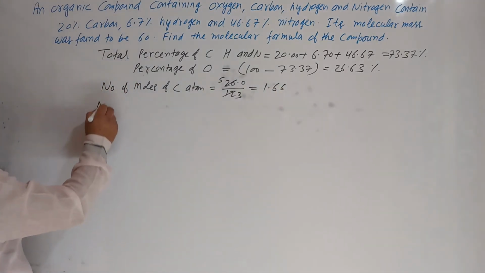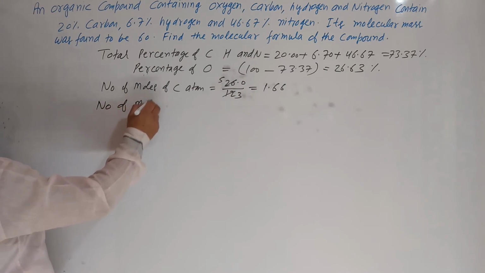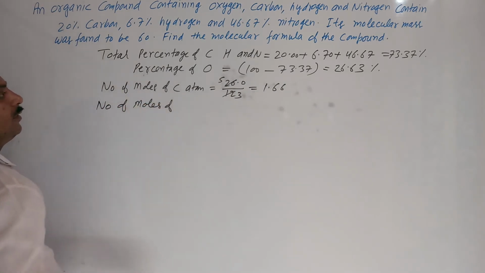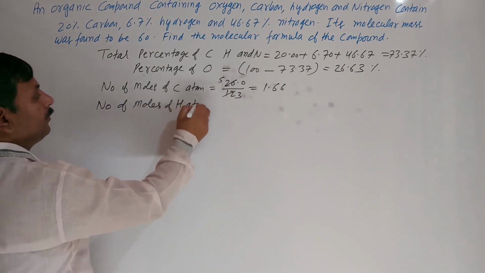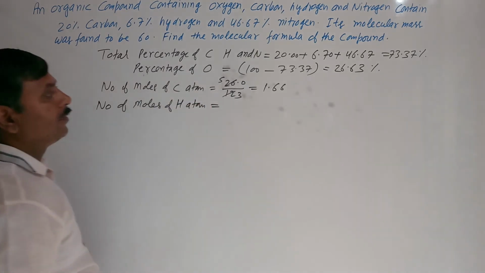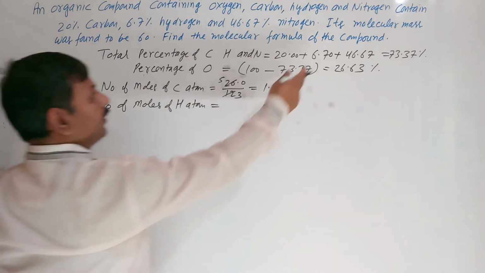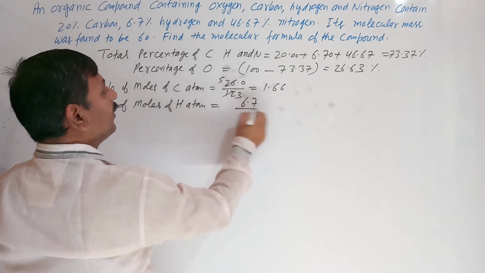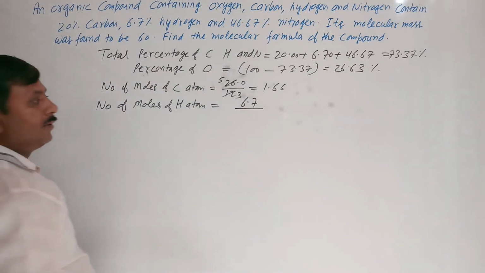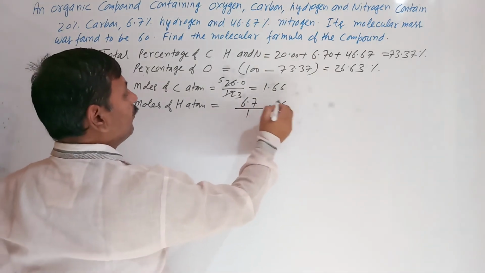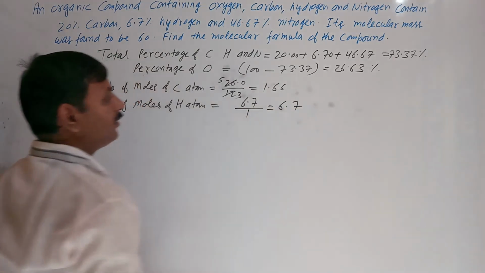In the same way, number of moles of hydrogen atoms: 6.7 divided by 1, so that is 6.7.